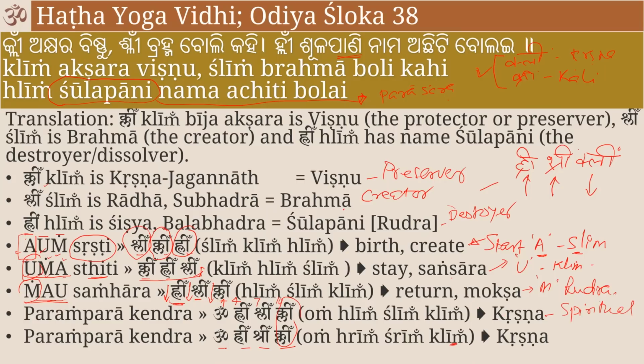So let us say I want to do one of the Kalpa Vrikshas for Durga. There are two kinds of Kalpa Vriksha for Durga. One is associated with Krishna and one is associated with Kali. The one associated with Krishna will have Om, Hrim, Shrim, Klim, Vindhya Vasinyai Namah. That is the sister of Krishna.